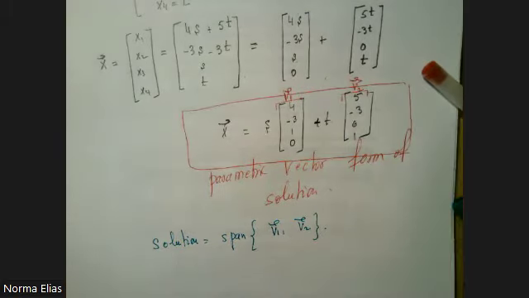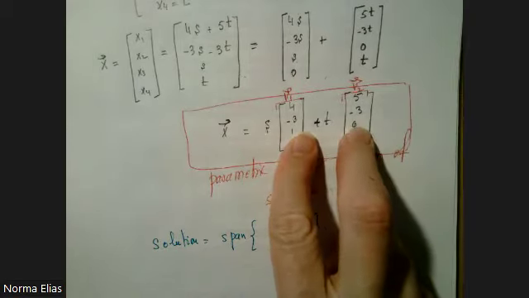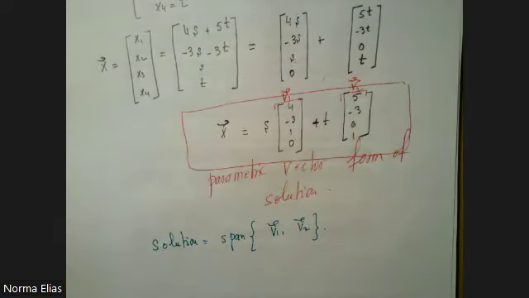Because in a way, we understand the solution better. Every solution is a combination of those two vectors. It means once I know those two solution vectors, everything else is a combination of them. So that's what we really mean by parametric vector form.